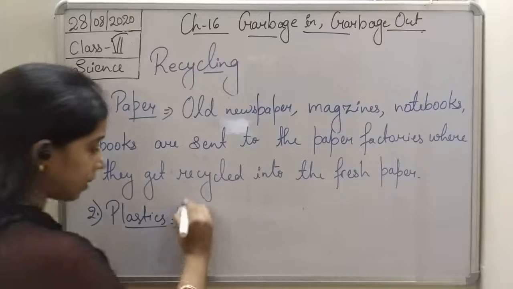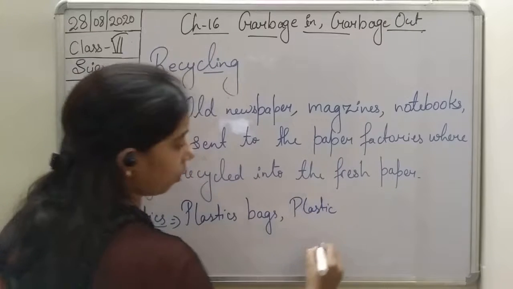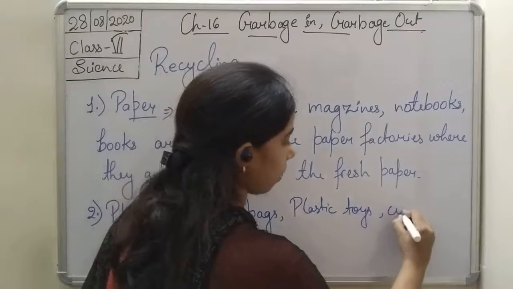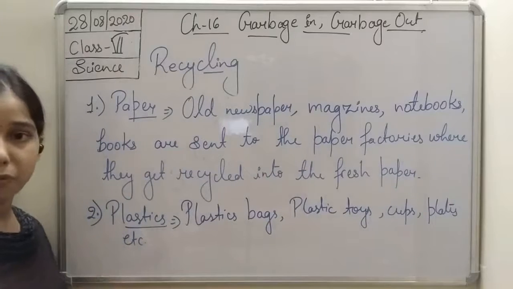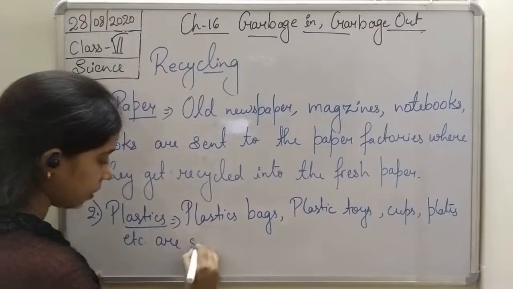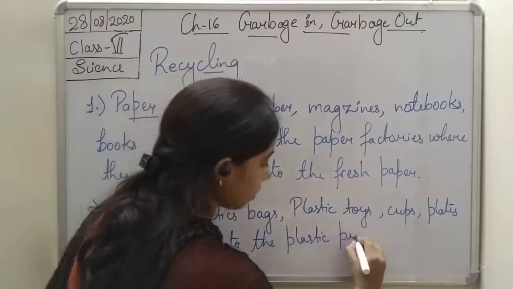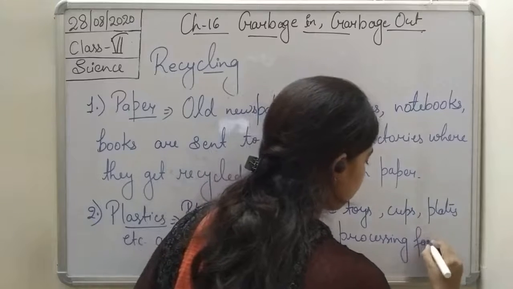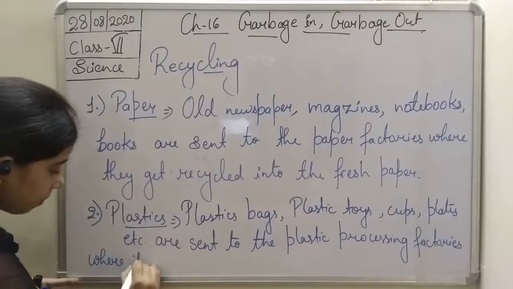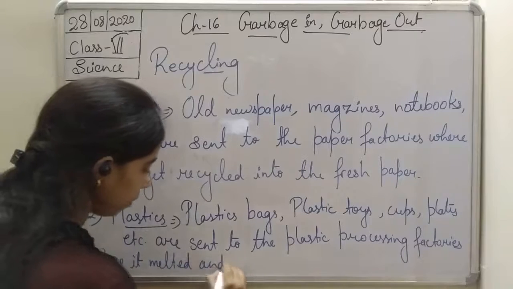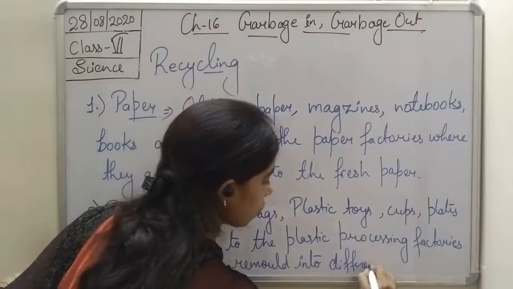So we can write plastic bags, plastic toys, cups, plates, etc. A lot of things made of plastic are sent to the plastic processing factories where they get melted and remolded into different shapes.